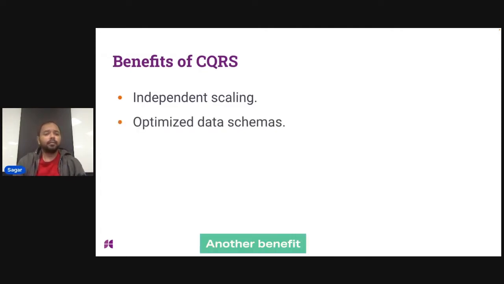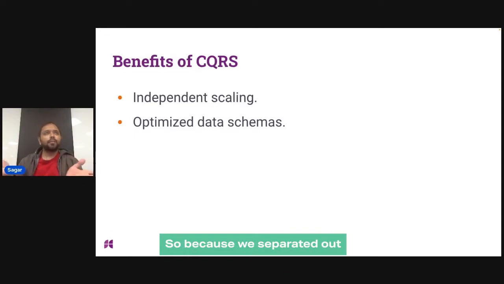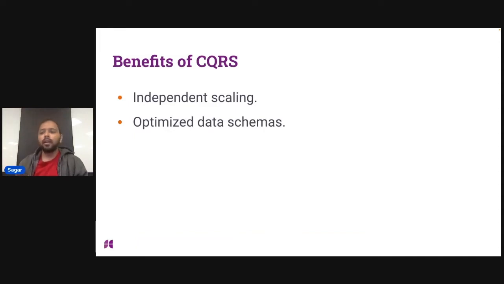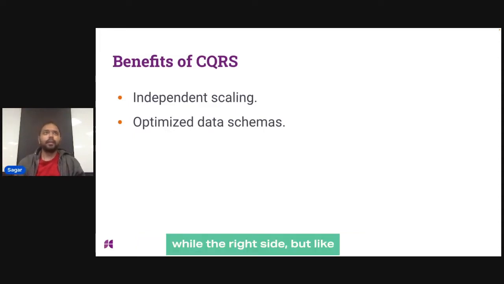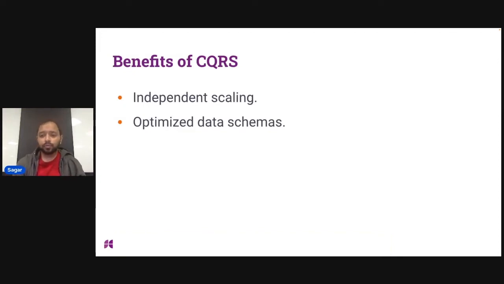Another benefit that we saw was optimized data schemas. Because we've separated out the read and write workloads, we can optimize the data models for each of the two problems separately. So you can have a schema which is optimized for quick querying, while the write side can have its own schema, which is optimized for quicker updates.